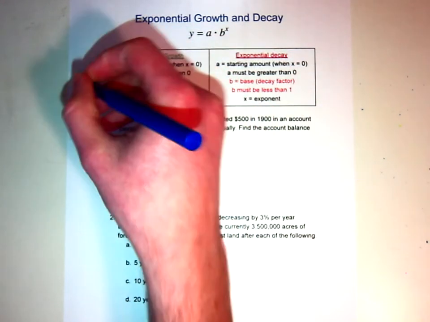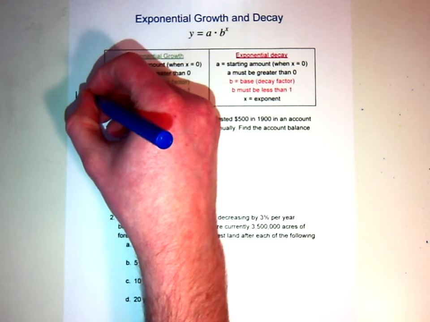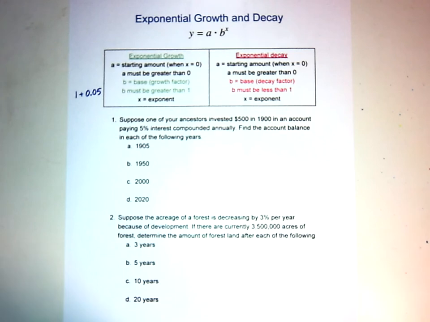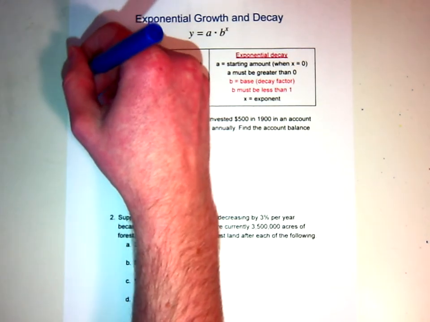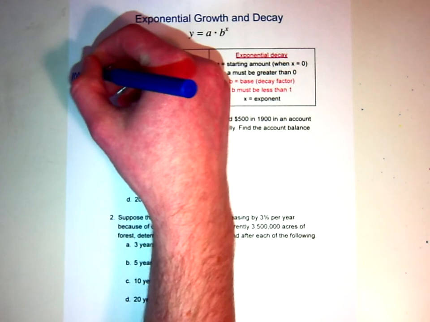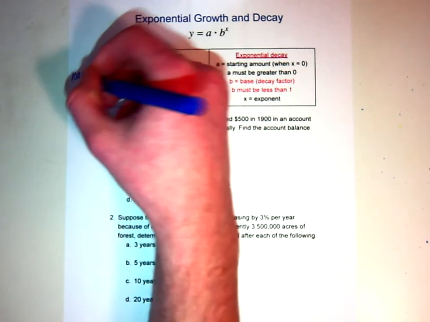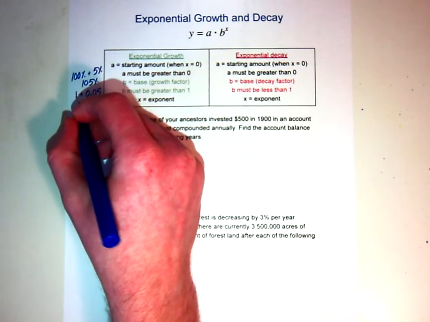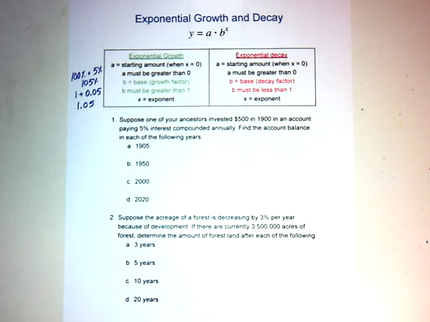If it grows 5%, you would add 0.05, or 100% plus the growth percent, which is 105%. In decimal form, which is more useful for solving equations, it's 1.05. If you're growing a bank account, when you earn that interest, you'll have more than 100% of what you had.